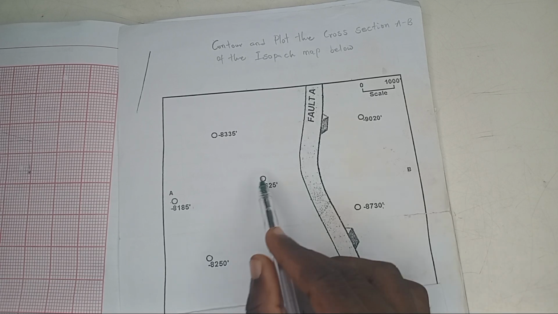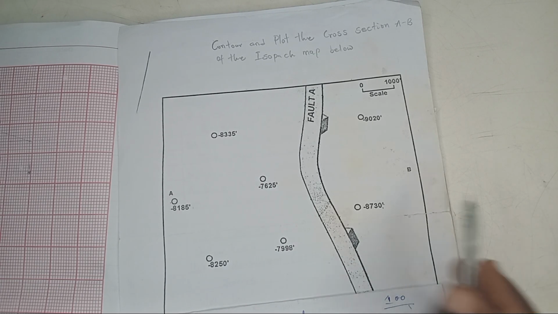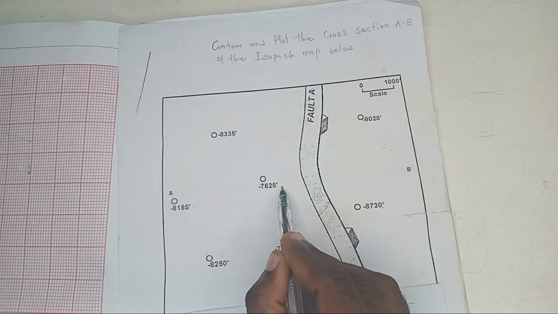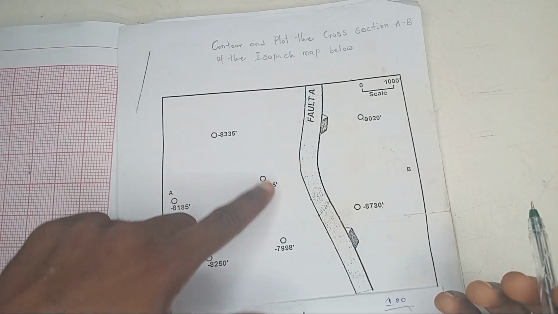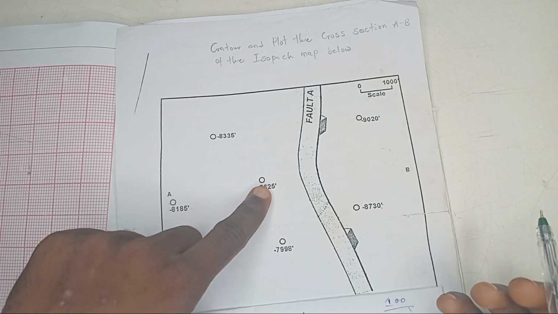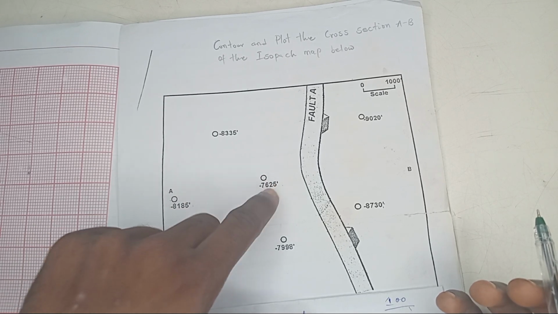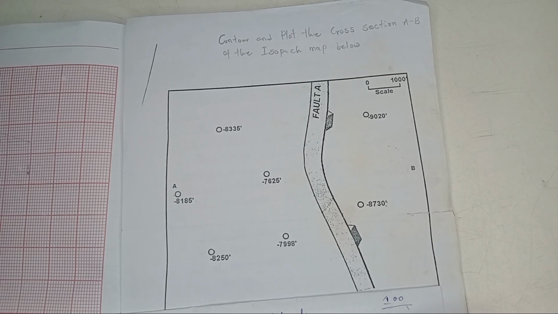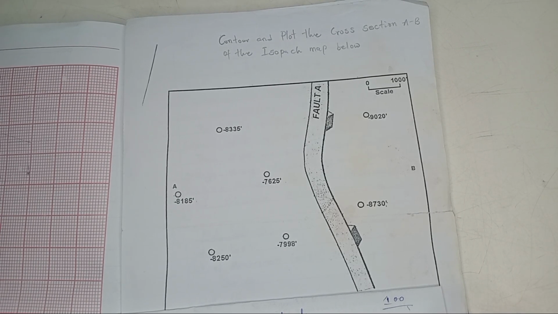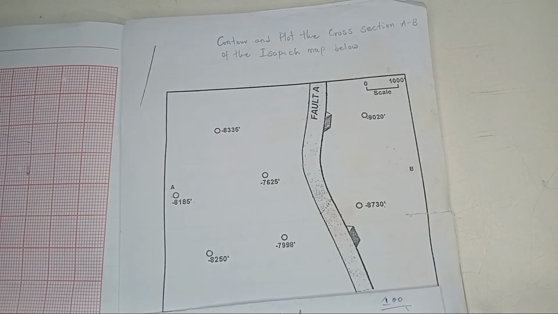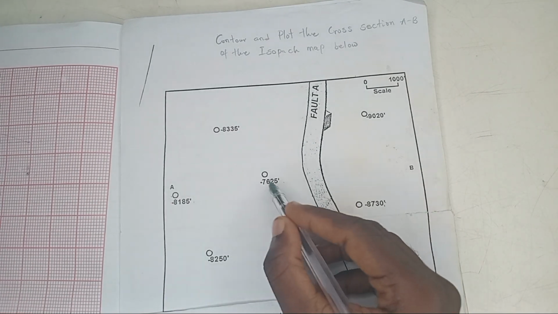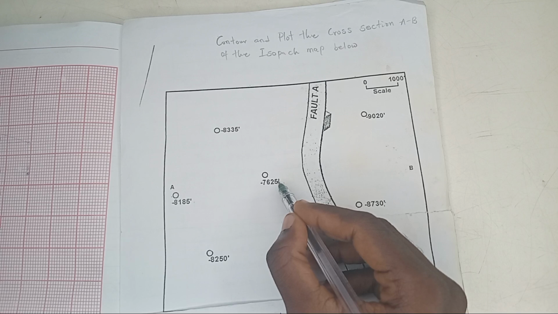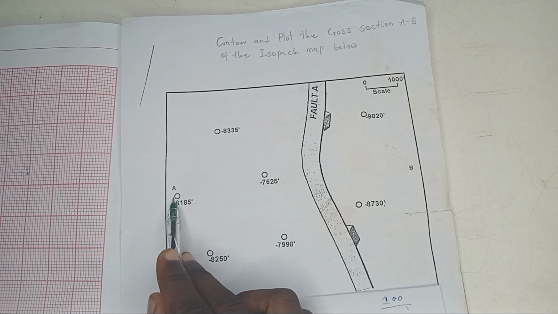So what is the interval in hundreds closer to this? We know that 7,600 is in hundreds, which means that below this, you are going to consider what is below it, and stop above it.